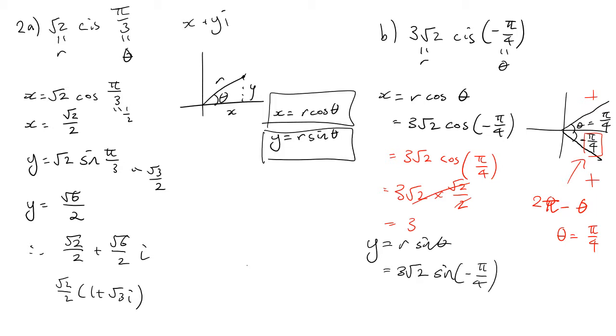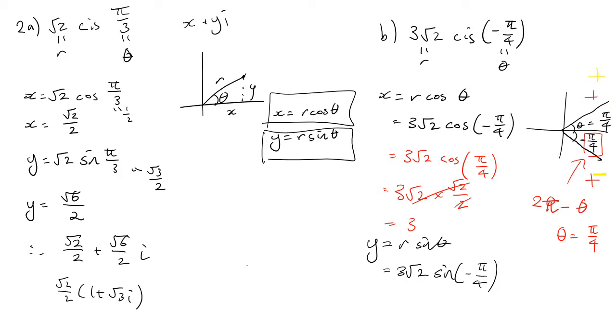Going back to the exact same diagram, but we're looking at sine now, which is the y coordinate. So sine is positive in the first quadrant, but it is negative in the fourth quadrant.